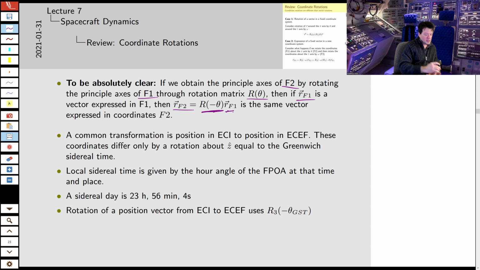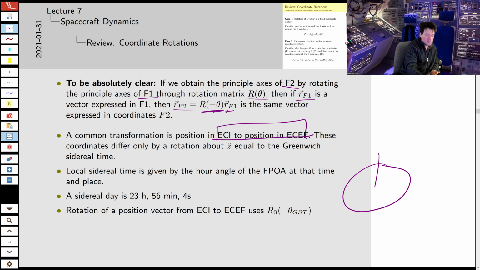For example, which we'll come back to in part D of this lecture, if you want to convert from ECI to ECEF, that's a rotation of your position vector in ECI about the rotation vector of the Earth, which is the z hat axis.